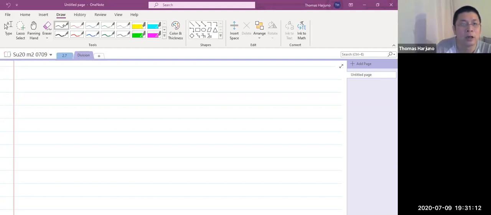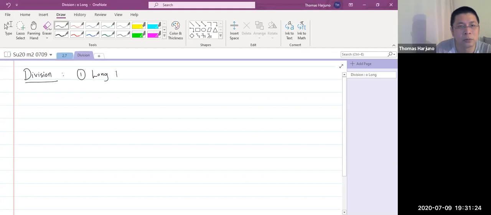Now, in this division topic, I will show you 2 types of division. The first one is long division. Two methods. Long division always works, but it is slow compared to the second method, which is called synthetic division.